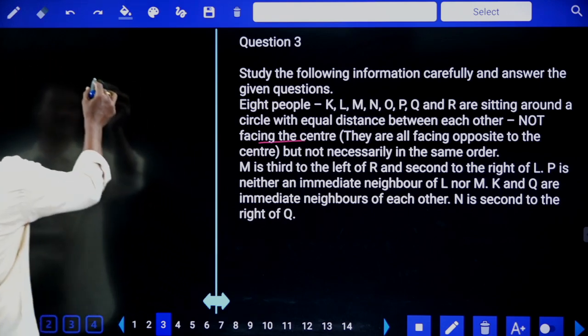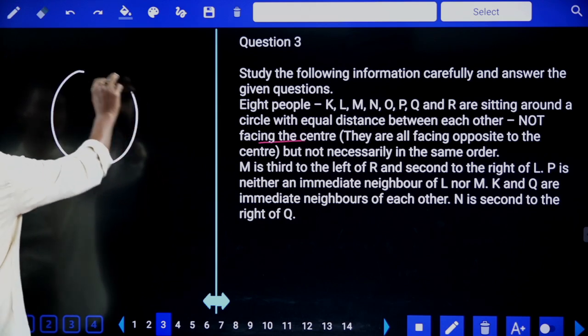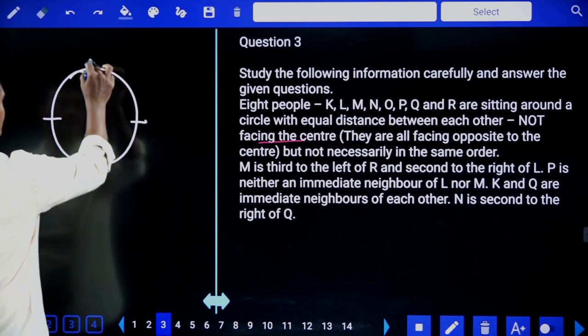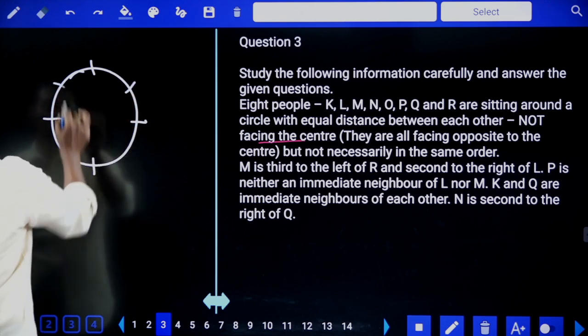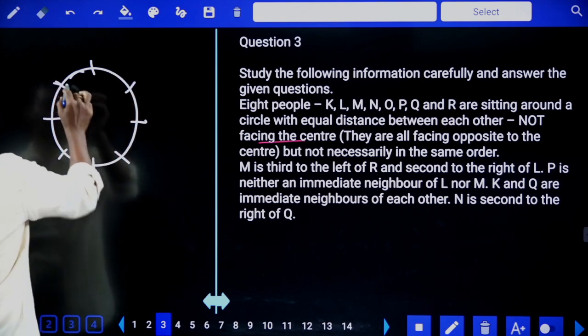Now 8 people are seated around a circular table. All the persons are facing away from the center. 1, 2, 3, 4, 5, 6, 7, 8. All the 8 persons are facing away from the center.